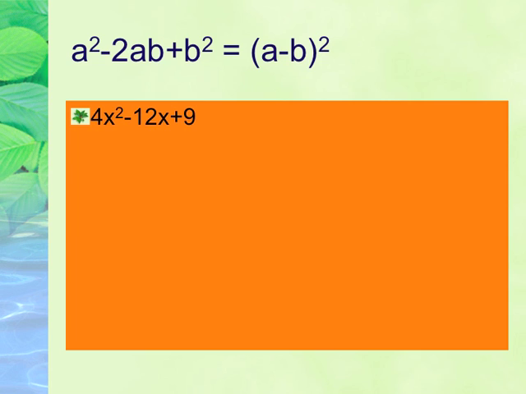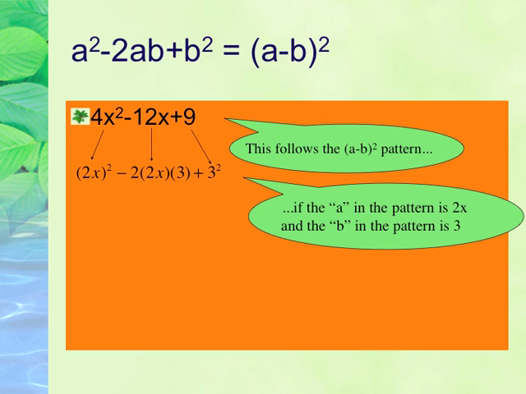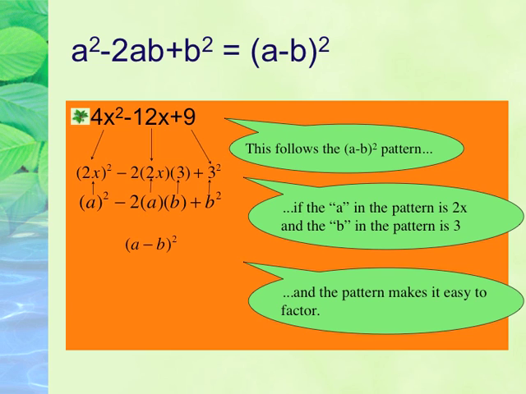That 12 in the middle is negative instead of positive. This follows the (a minus b) squared pattern. In this case, a in the pattern is 2x, and b in the pattern is going to be negative 3. And the pattern is going to make this easy for us to factor.